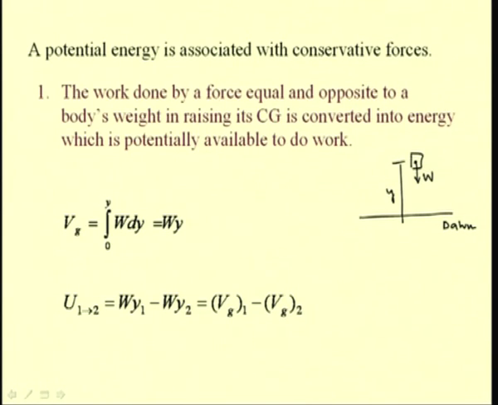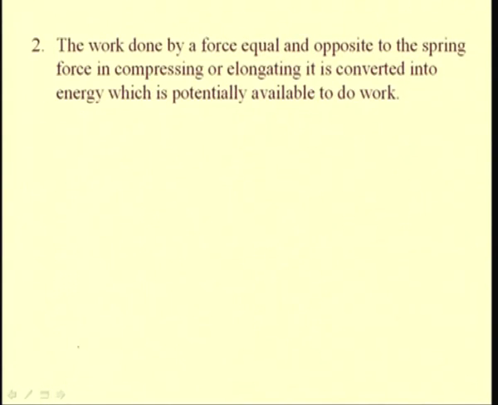So, the work done from 1 to 2 is equal to the potential energy at 1 minus the potential energy at 2. The same way we can define for the spring force, the work done by the force equal and opposite to the spring force in compressing or elongating is converted into an energy which is potentially available to do work.